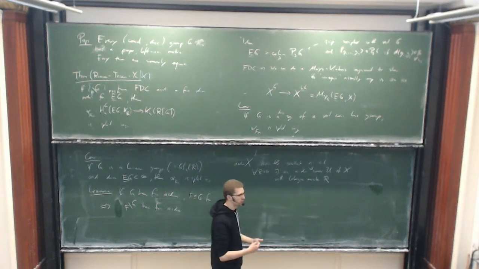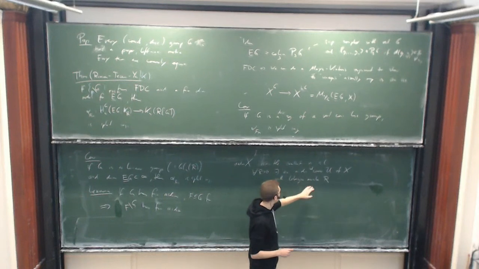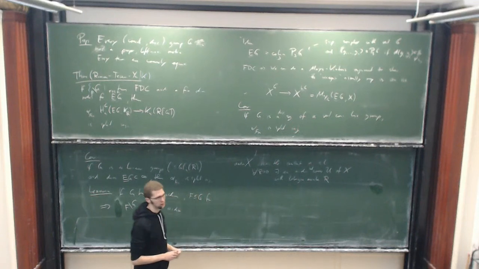N-dimensional means every point sits in at most n plus 1 of the elements of the cover, and Lebesgue number R means every R ball sits in one of the elements of the cover.